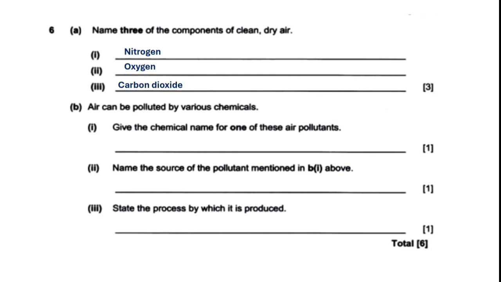The next question, which is question B: air can be polluted by various chemicals. Whenever we are talking about the polluting of air, which is air pollution, it is caused mainly by gases such as sulfur dioxide, carbon dioxide, and carbon monoxide.